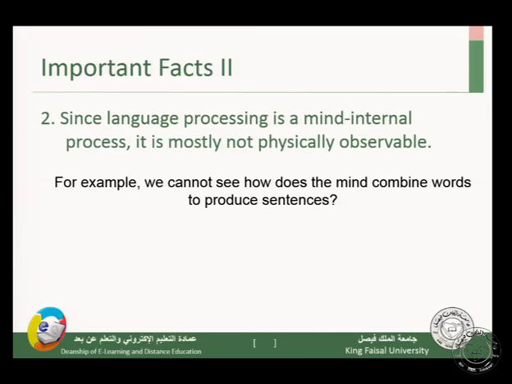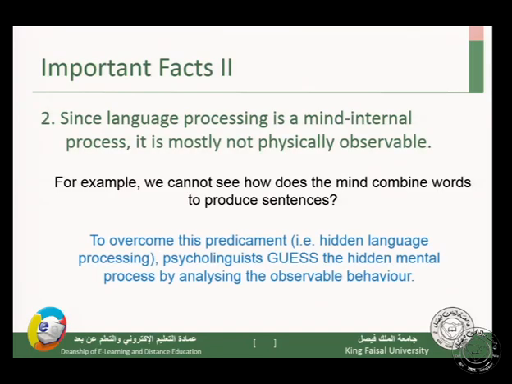The good side is we have ways of overcoming this predicament. To overcome this difficulty, that is hidden language processing, psycholinguists guess the hidden mental process by analyzing the observable behavior.